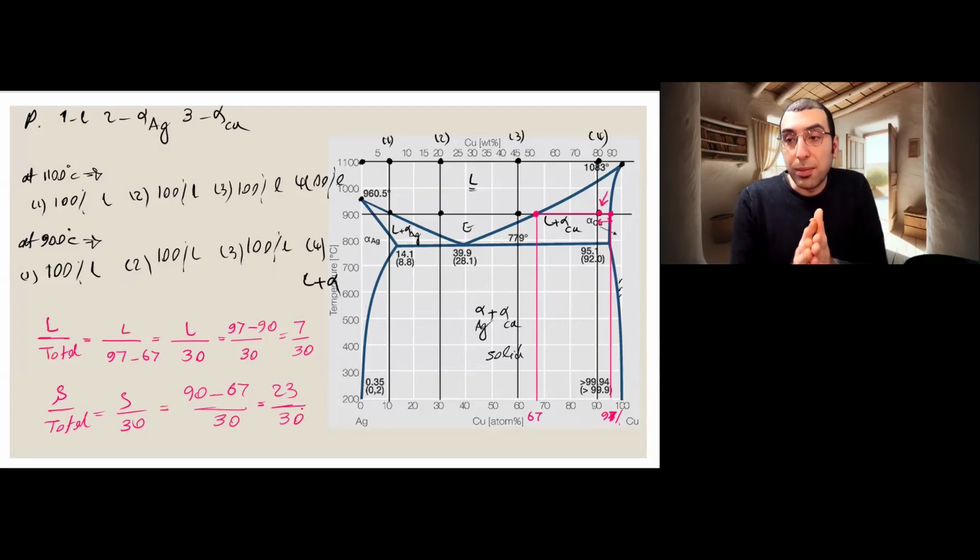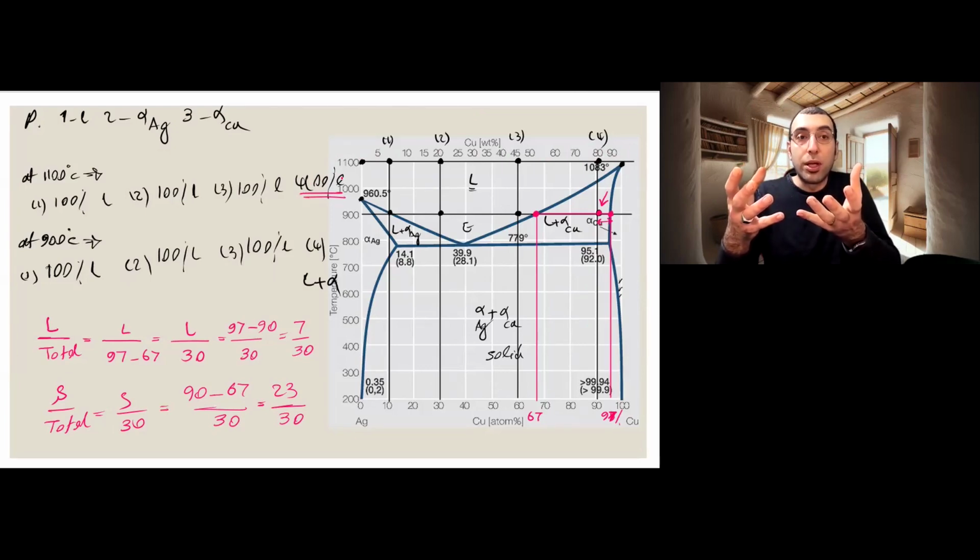What it means is that in your melting pot, when you started for alloy number 4, so we are talking about here, for alloy number 4 at 1100 degrees, we had 100% liquid. Okay, so in your melting pot was 100% liquid. But once you drop it down to 900 degrees for alloy number 4, which came to this point, it was liquid plus solid phase.